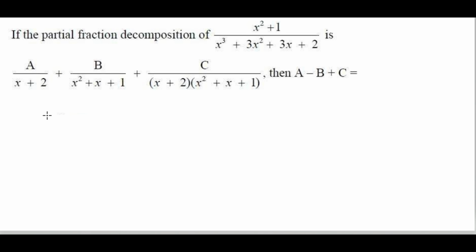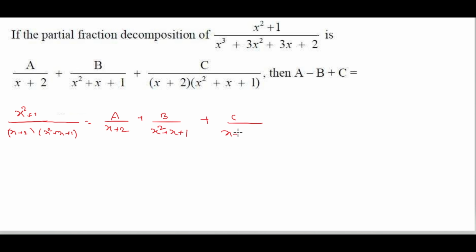Here is given x square plus 1 by, so partial fractions of denominator is x plus 2 into x square plus x plus 1 is equal to a by x plus 2 plus b by x square plus x plus 1 plus c by x plus 2 into x square plus x plus 1.